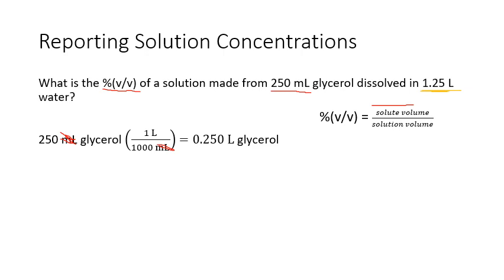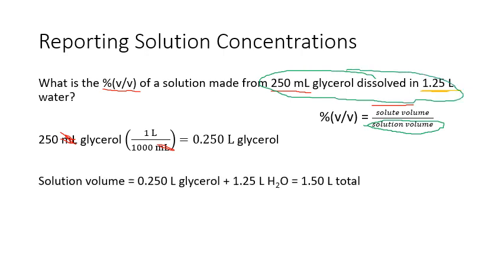So now we have both glycerol and water on the same scale. They're both on the liter scale, which means we can add them together and figure out what the total volume of the solution is, because we have to divide that 0.25 liters of glycerol by the total volume of the solution. And the total volume of the solution is the volume of the glycerol and the volume of the water added together.